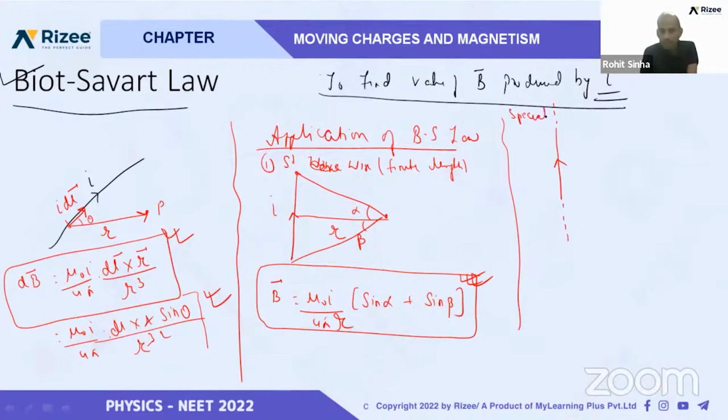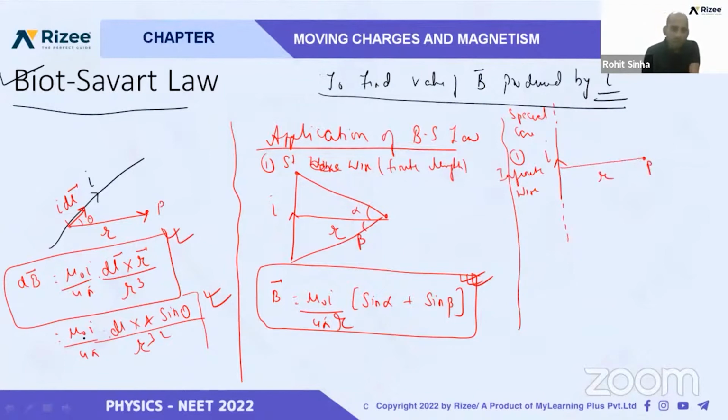The first part is the infinite wire. It is an infinite wire in which current I is flowing.